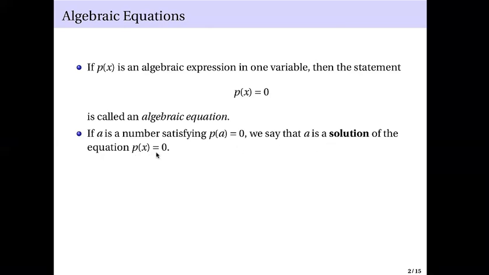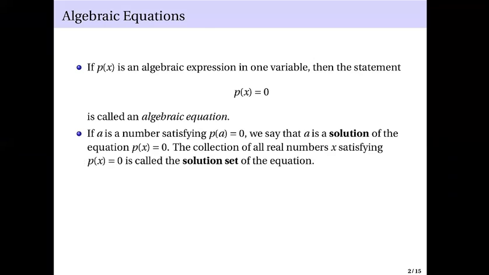Now if you collect all those possible a's, and all of those a's are solutions to the equation p of x equals 0, then what you have is called the solution set of the equation. So the collection of all real numbers x satisfying p of x equals 0 is called the solution set of the equation.